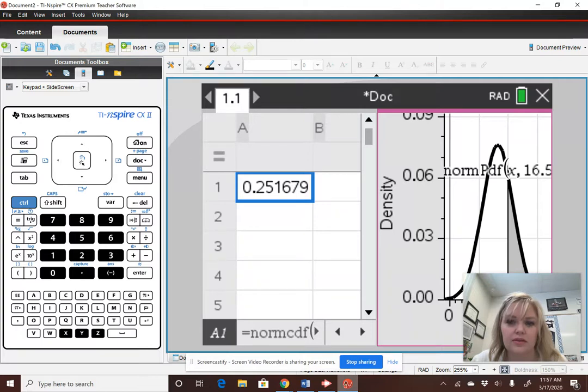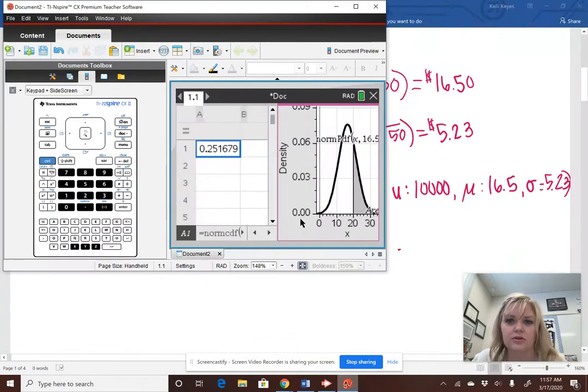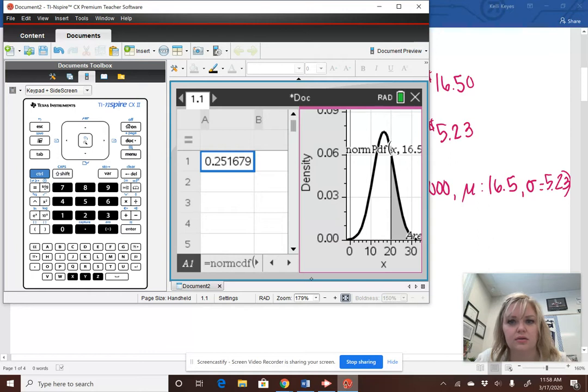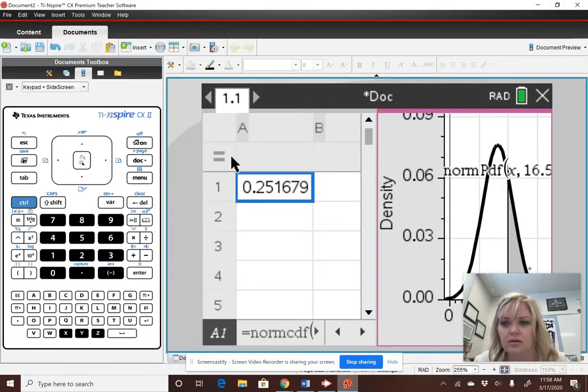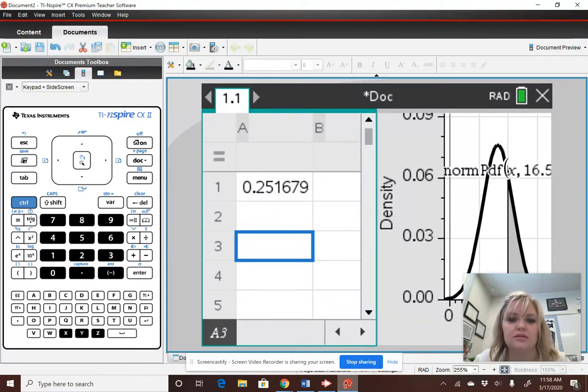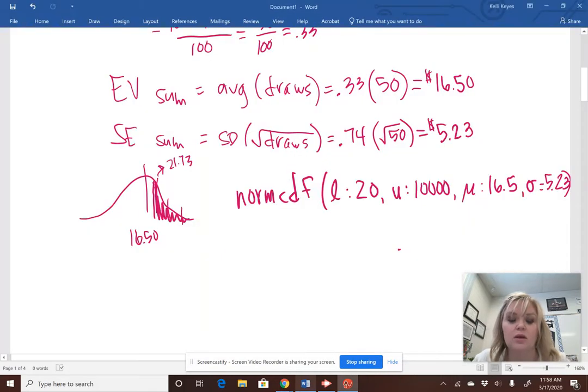And then that's where it actually shades the part of the normal curve, and it also tells you the area. My screen's hiding it, but it also tells you here in the spreadsheet what the area is. So 25% of the time, they would pay out $20 or more.